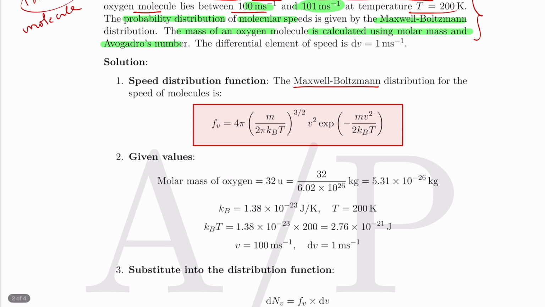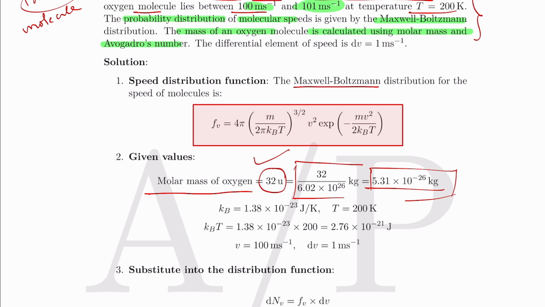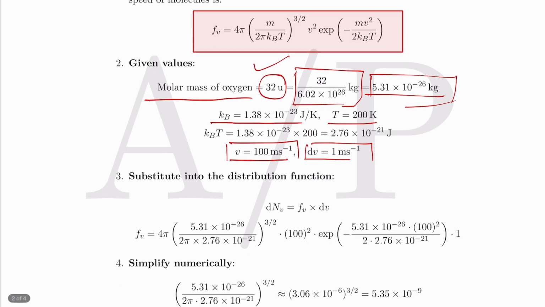Now you have the given values: the molar mass of oxygen is this much in kilograms. In atomic mass units it is 32, but in kilograms it is this, derived by division with the Avogadro number. Then you have the Boltzmann constant, the temperature of 200 Kelvin, the velocity of 100 meters per second, and the change in velocity of around 1 meter per second.